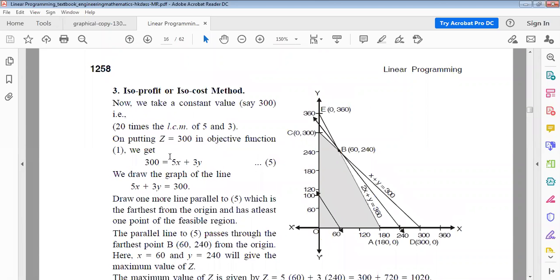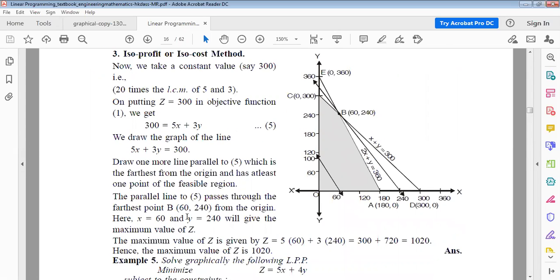So if we consider the total objective function, Z equals 5x plus 3y, the total objective function will be 300 because the highest value is here, 300. So 5x plus 3y equals 300, and this gives the parallel line to equation number 5, passing through the farthest values 60 and 240.